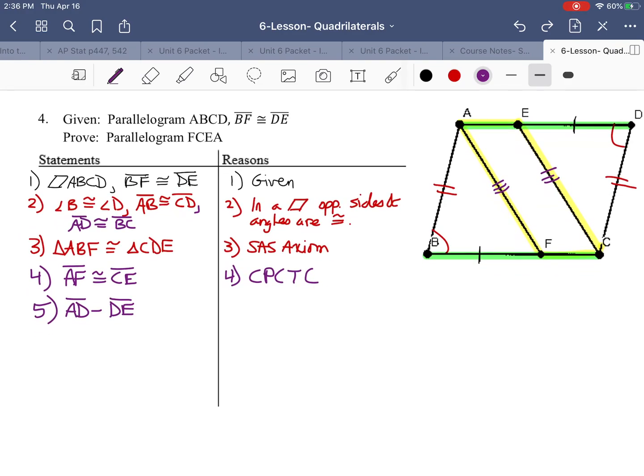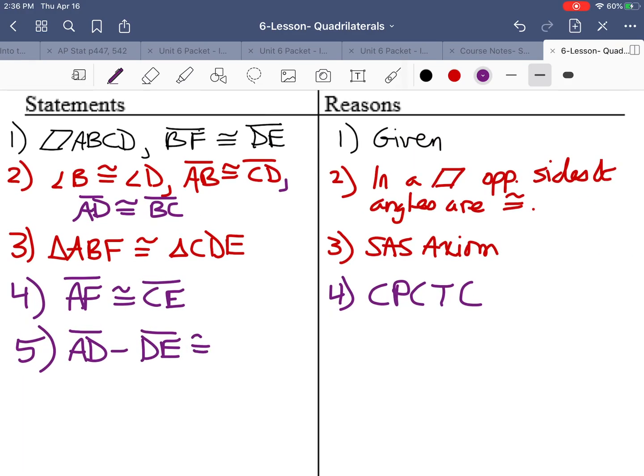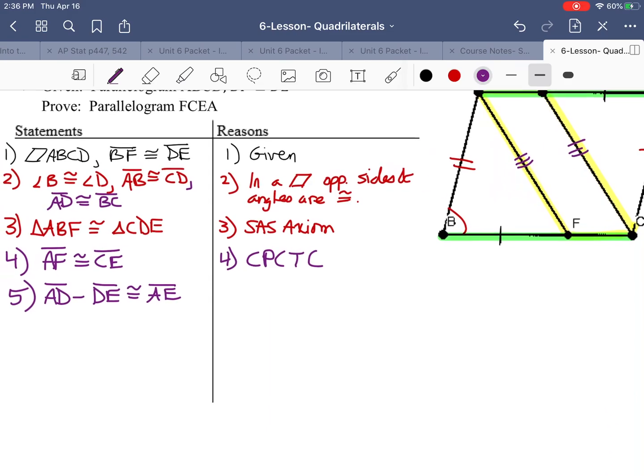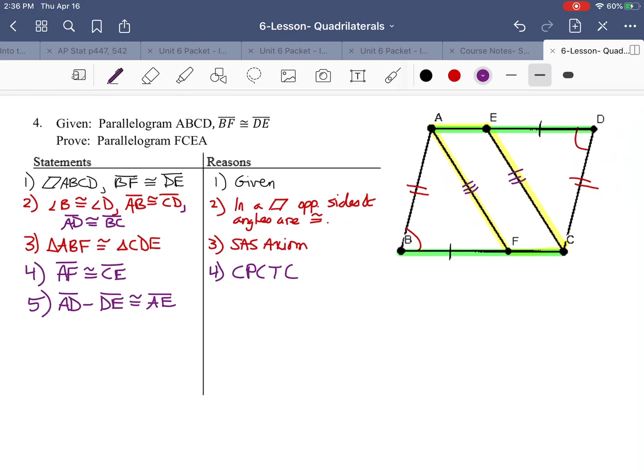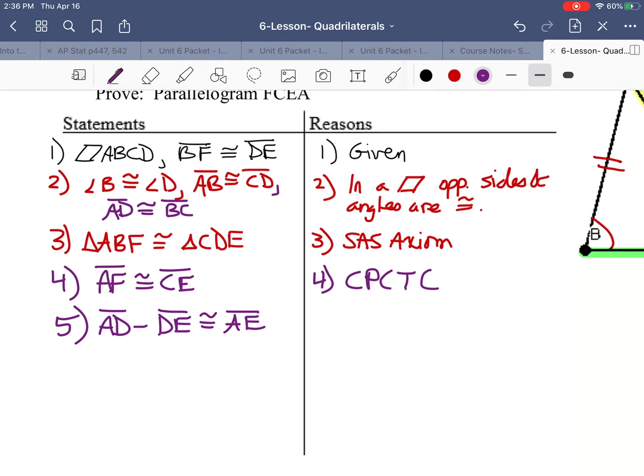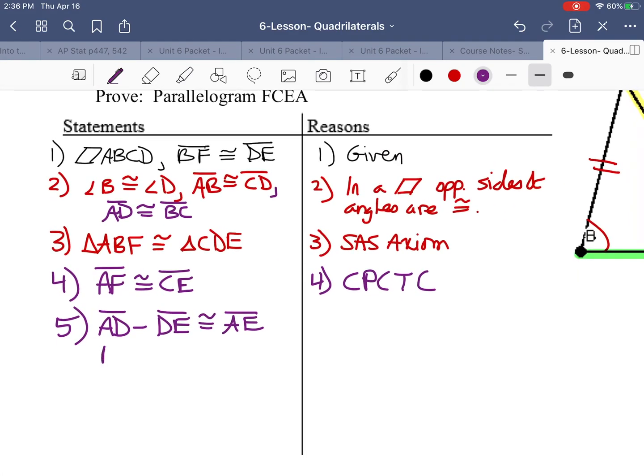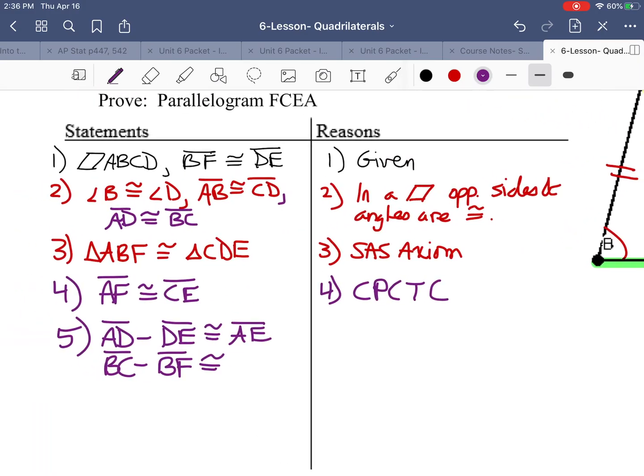I'm going to actually make the statement first that that's congruent to AE. And that BC minus BF is congruent to CF. Therefore, AE congruent to CF. And that's the subtraction postulate.